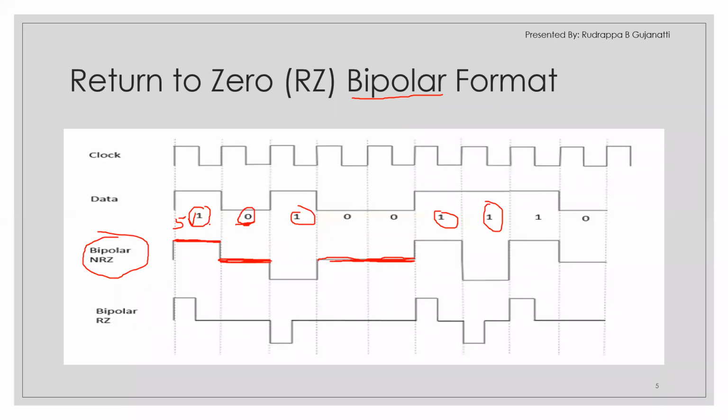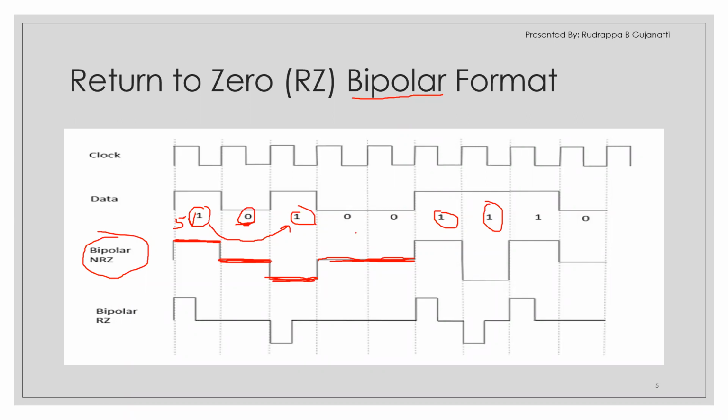But what is variant as compared to unipolar is, after 1 occurs, then if next 1 occurs, let there be zeros in between, next one when it occurs, it changes its polarity. Previously, if it was represented with 5 volts, then next logic 1 or bit 1 will be represented with minus 5 volt.